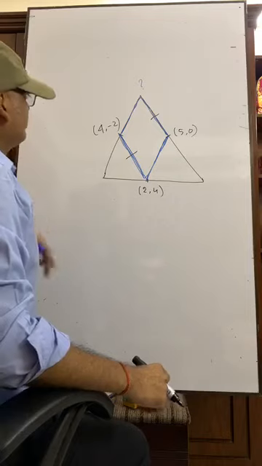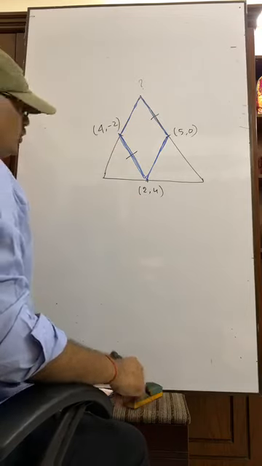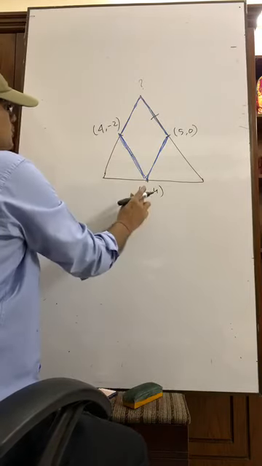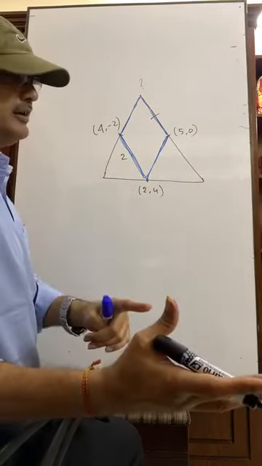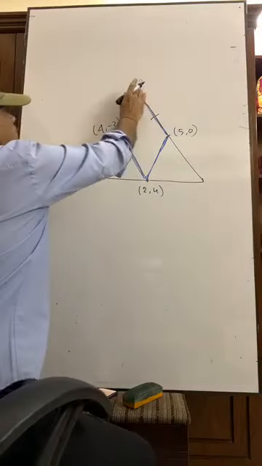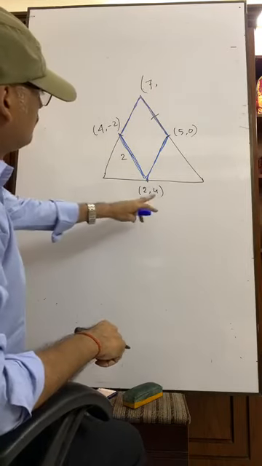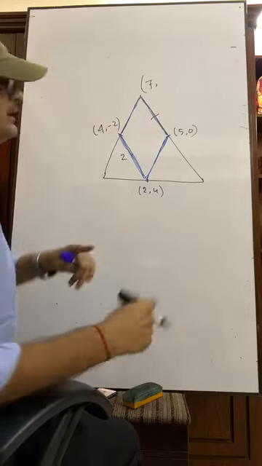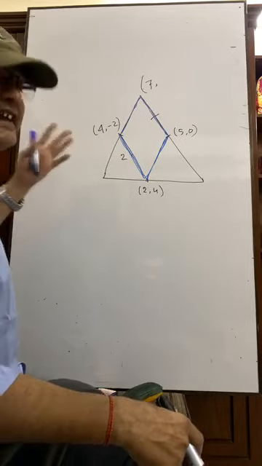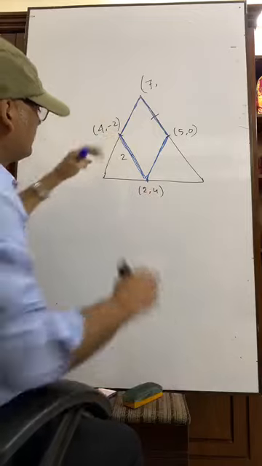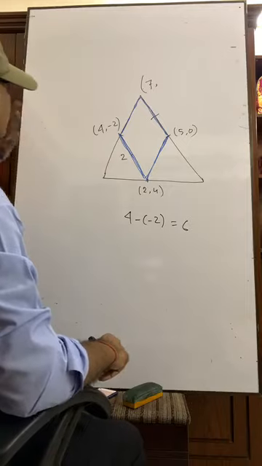Now see one thing. From 2 to 4, the distance is 2, and it is increasing, so 5 plus 2 equals 7. Now 4 and minus 2: the difference is 6, and it is decreasing.